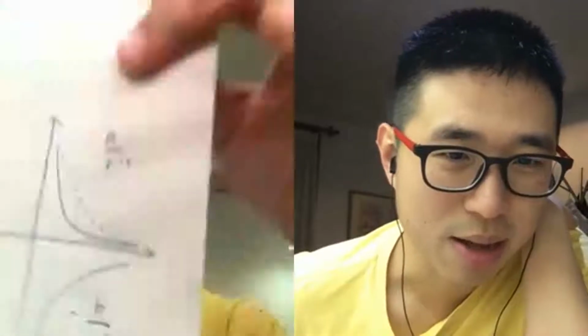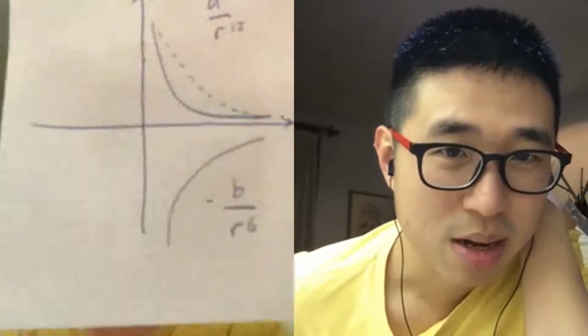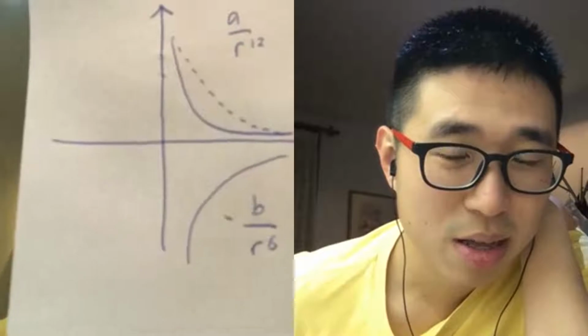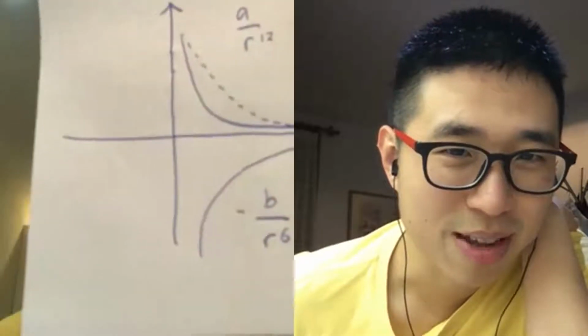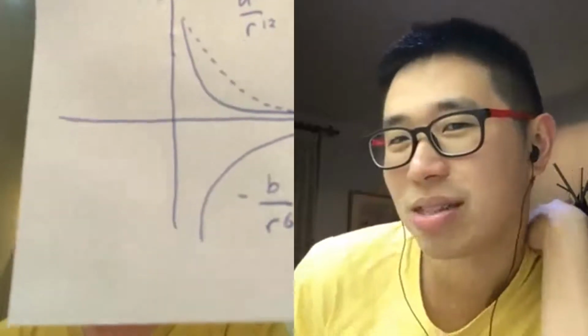Show me a diagram again, roughly to scale, of how R12 and R6 would look, the one you drew just now. Let me see if you got the scale and the gradient. The two you have drawn don't look so different. Can you make them more distinctive in terms of the feature you mentioned just now? Like you said, the R to the 12 would be much steeper than the R to the 6, right?